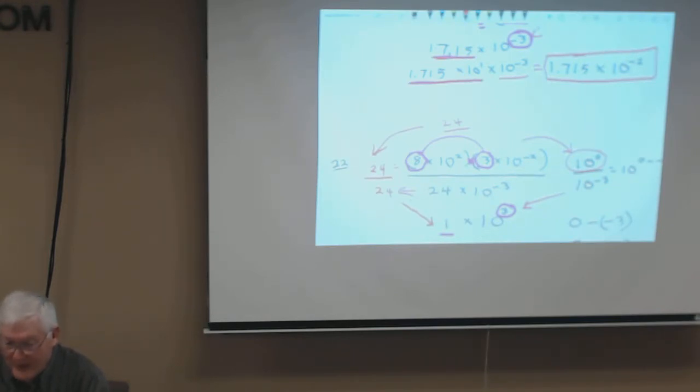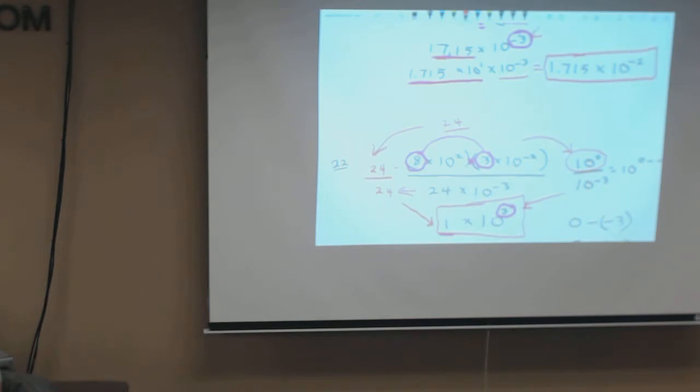But 24 divided by 24 is 1. Right? So, my answer is 1. You go, what? Wait a minute. My answer is 1 times 10 to the third. You go, what? That's a negative 3.